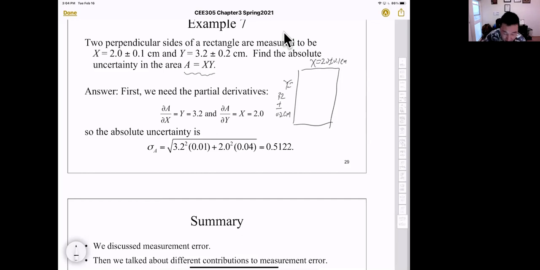The area A is equal to x times y, and it has two measurements, x and y. x has this uncertainty, and y has that uncertainty.